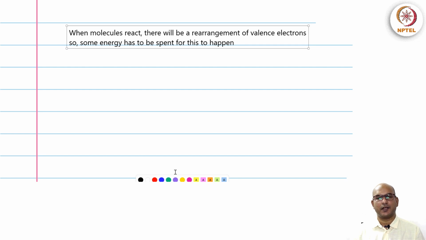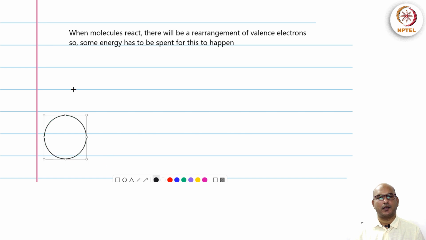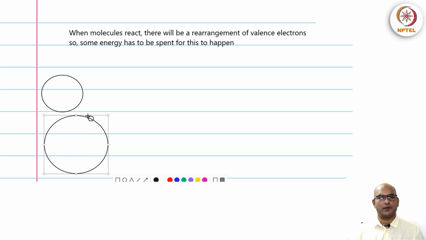Now let us say we have our RA and RB. Let's say this is RA, a smaller molecule, and this is RB, which is a larger molecule.